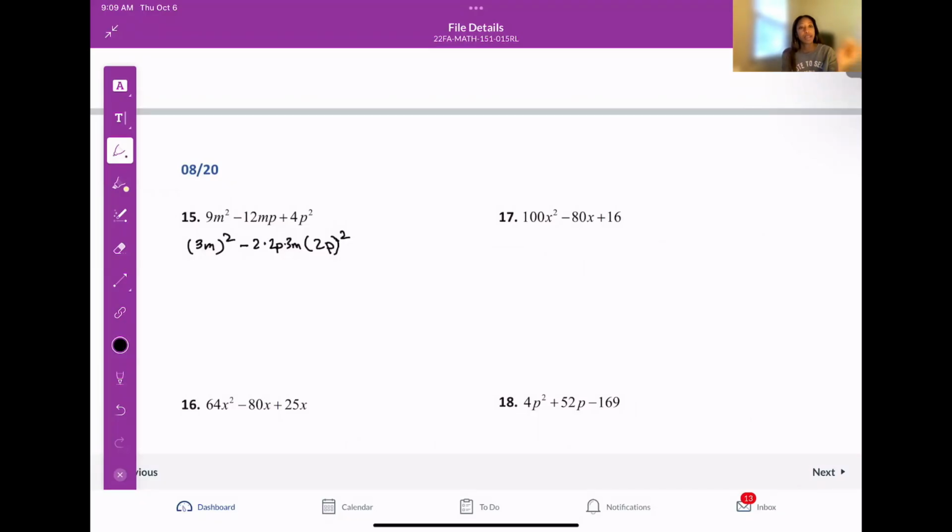That tells you what your a and your b are. Then you just want to check to make sure the middle is a times b times 2, and it does work out. So here a is 3m, b is 2p, and this would factor to 3m minus 2p all squared. It's minus because those middle terms are being subtracted.